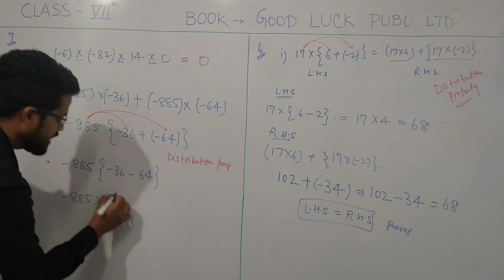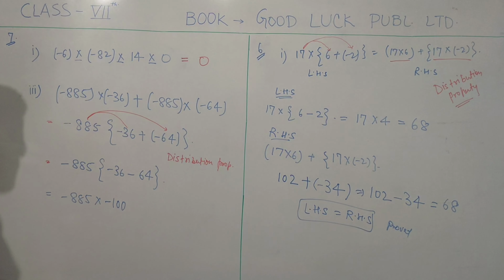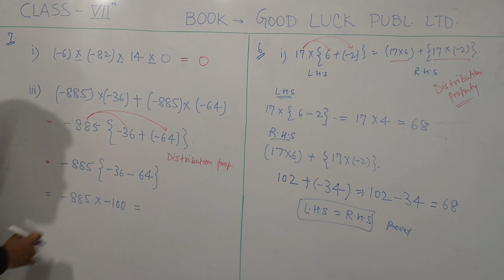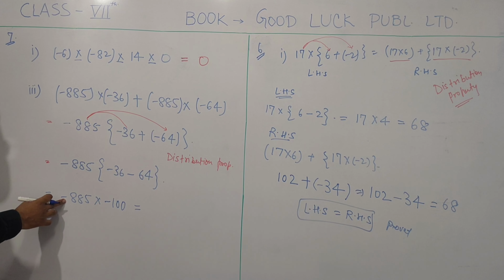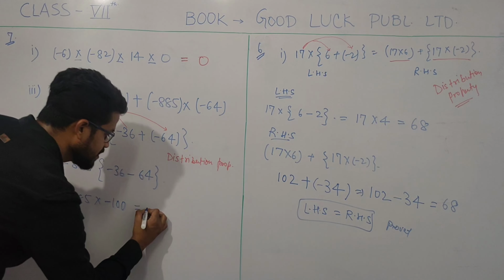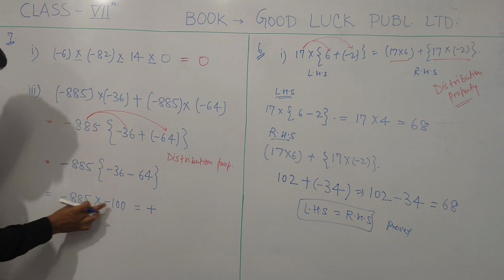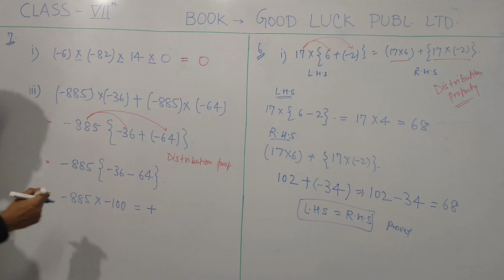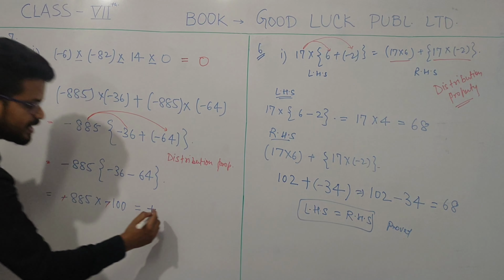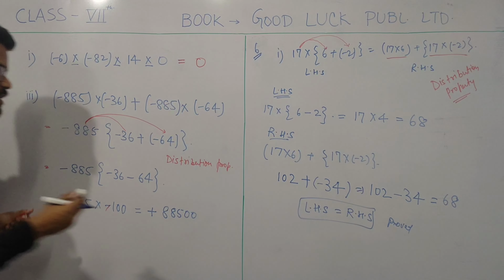This is 100, and since both signs are same, I put the same sign here. So this is minus 885 into minus 100. The number of times the negative sign is repeated is 2, which is even, so the product is always positive. So I put here plus, or we can say this minus and this minus cancel out. So 885 into 100 is what? 88500. So this is your answer.